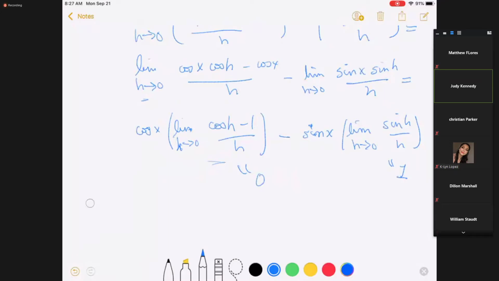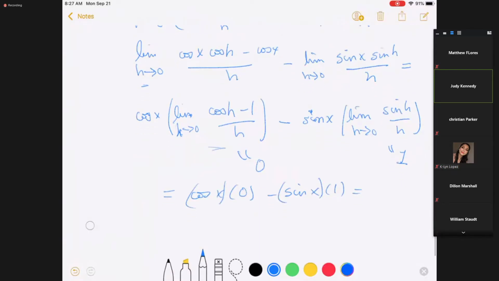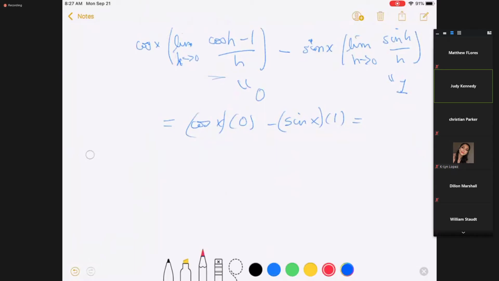Okay, so we wind up with cosine of x times 0 minus sine of x times 1. And that just gives you minus the sine of x.